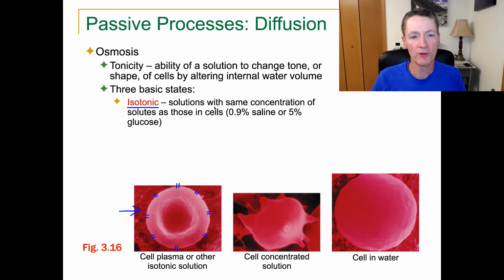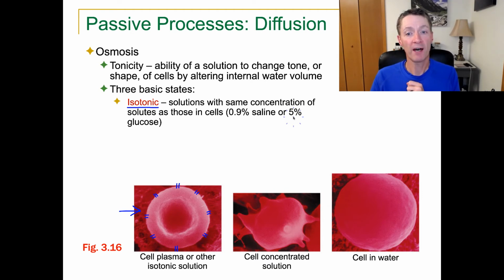The solutions have the same concentration, and when we look at cells inside of our body, that concentration happens to be about 0.9% saline. So a salt solution at 0.9% would be about equal to the concentration inside of our cells, inside of this red blood cell.